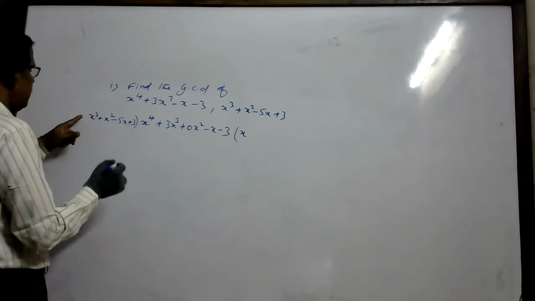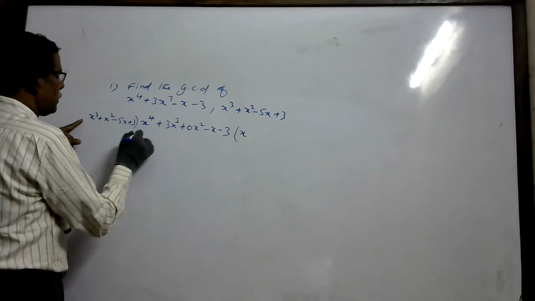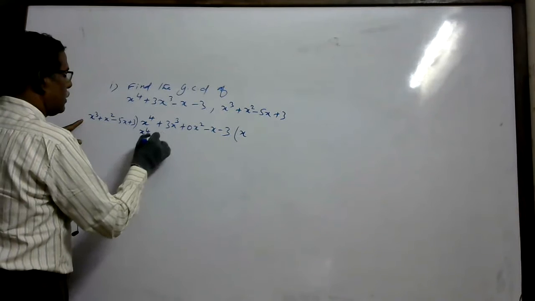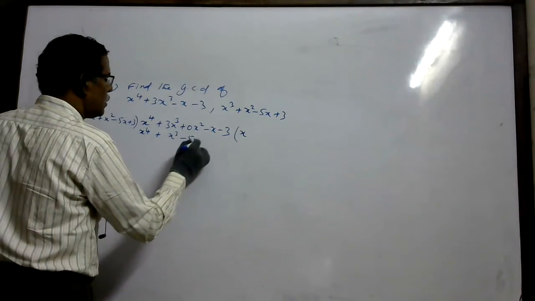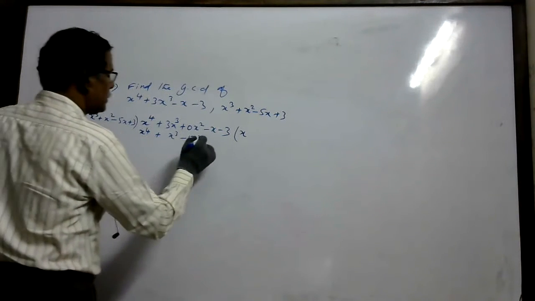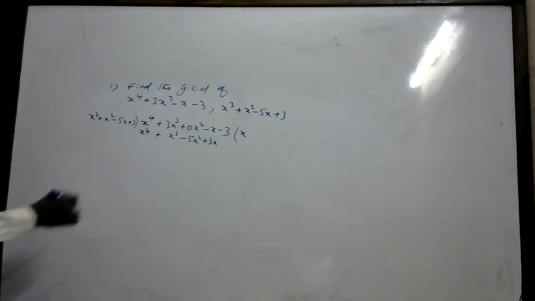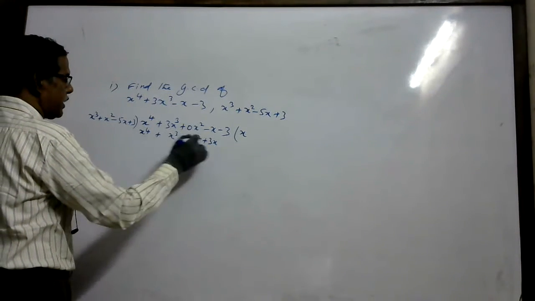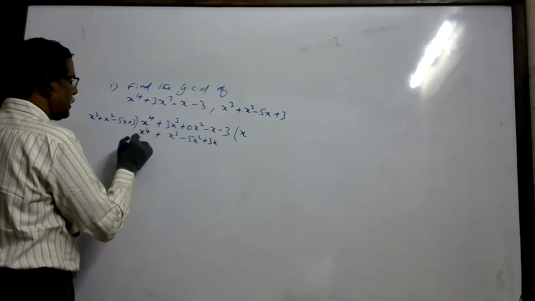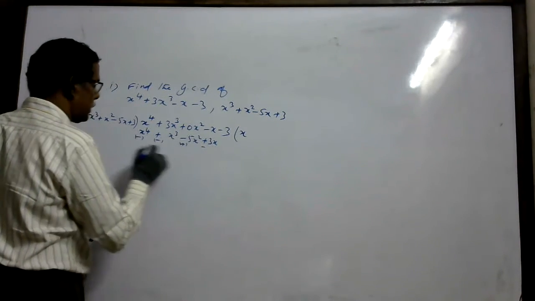Now multiply the polynomial by x: x power 4 plus x cube minus 5x square plus 3x. For the subtraction, change all the signs of the polynomial. Minus, this also minus, plus, minus.